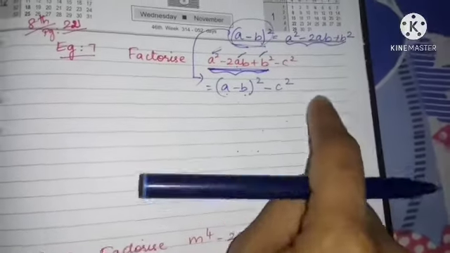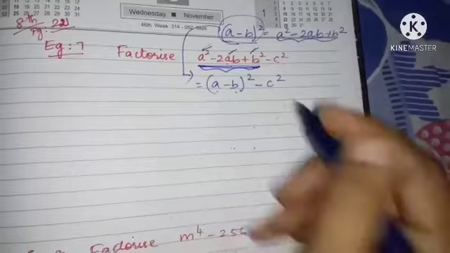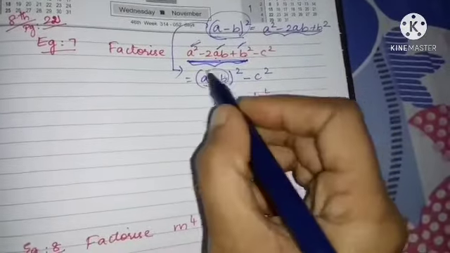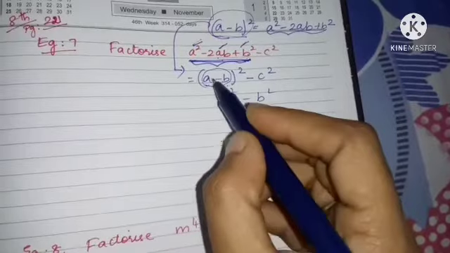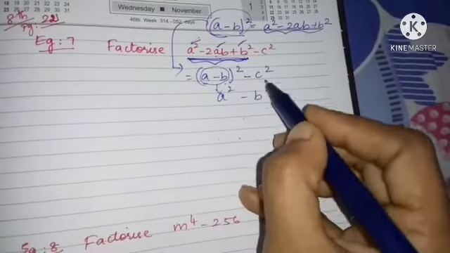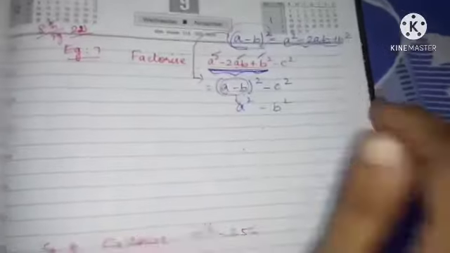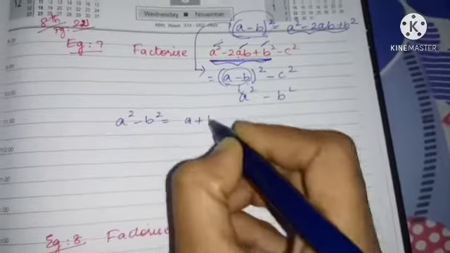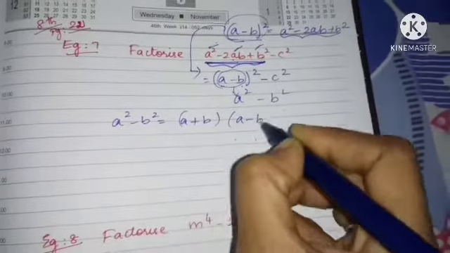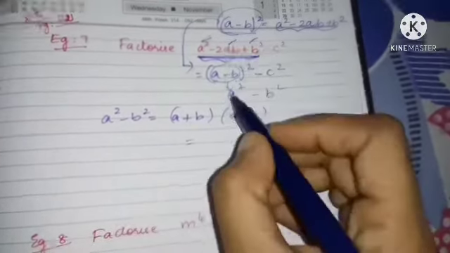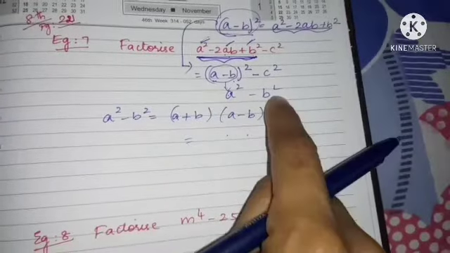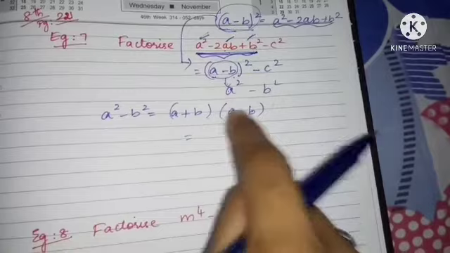Now listen, children. This looks like the a square minus b square formula. This whole thing has become a square, and this has become b square. The formula is a square minus b square is equal to (a plus b) into (a minus b).